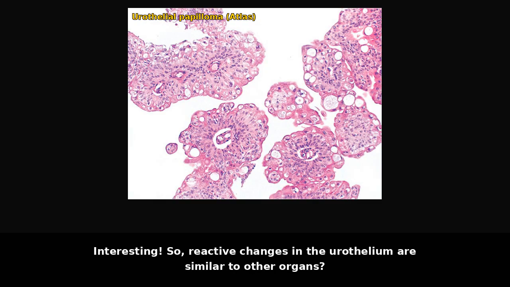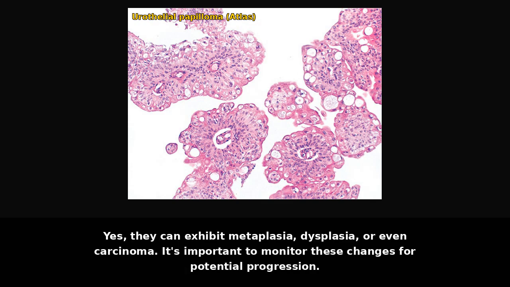Interesting. So, reactive changes in the urothelium are similar to other organs. Yes, they can exhibit metaplasia, dysplasia, or even carcinoma. It's important to monitor these changes for potential progression.